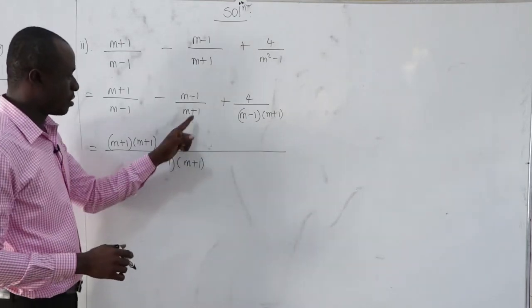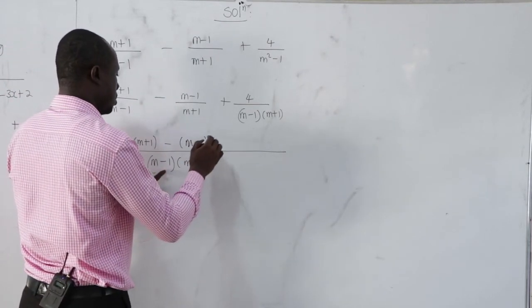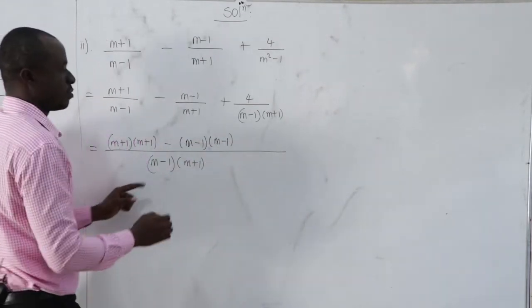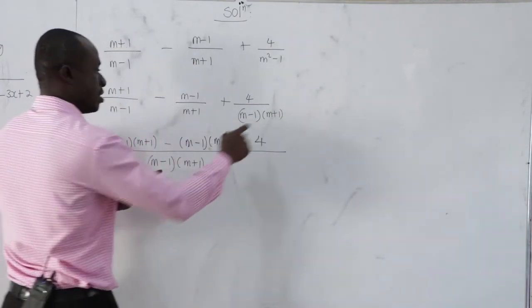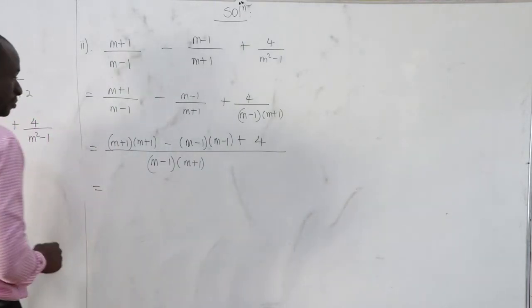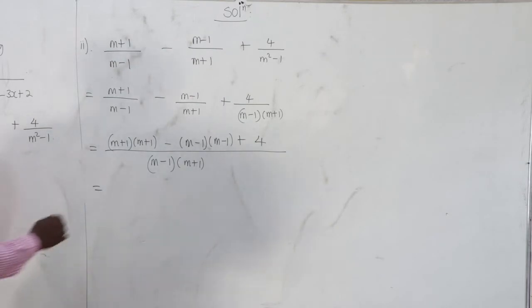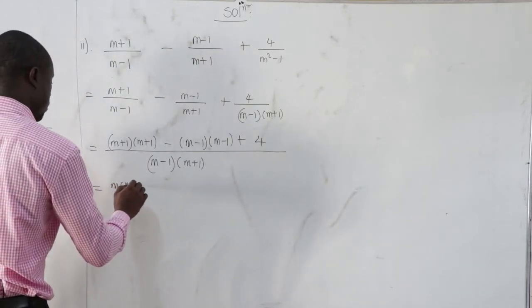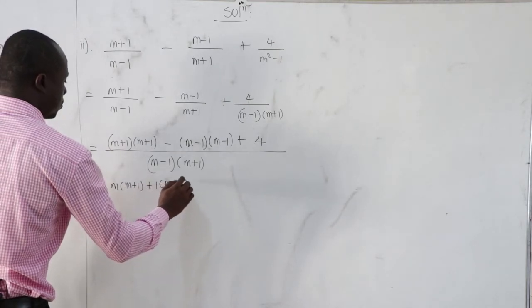Now m plus 1 will cancel m plus 1. We have m minus 1, so minus m minus 1, and we have m minus 1 plus 4. m minus 1 will cancel m minus 1, m plus 1 will cancel m plus 1. Now, expanding m plus 1 times m plus 1, we have m plus 1 times m plus 1.